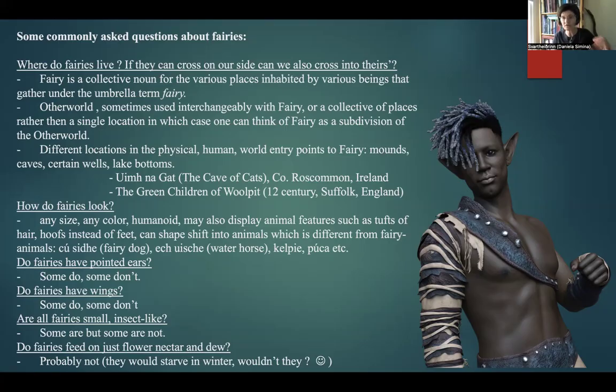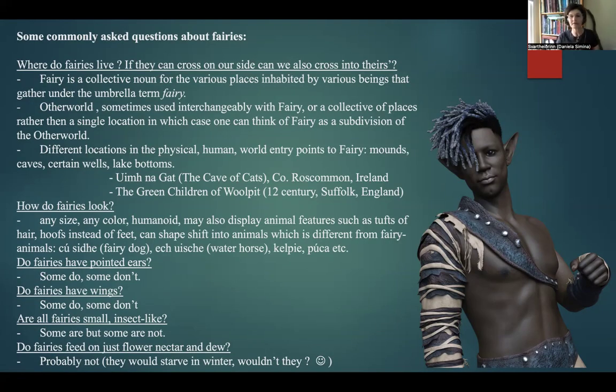Not that they look like porcelain, but you get the idea, that kind of unnatural white. I also have experience with fairies with a golden brown skin tone and various colors of hair and different colors of eyes. So they vary.